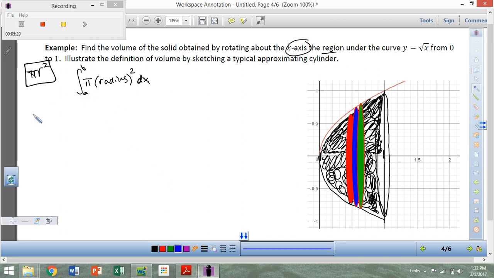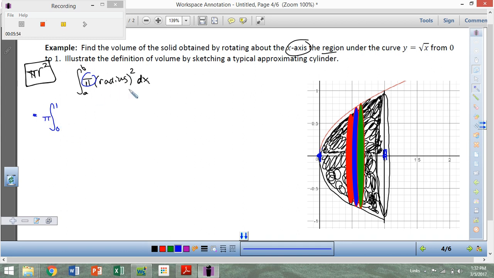In this case, I'm going to do the integral from 0 to 1. And how do I get 0 to 1? Well, when I start slicing these things vertically, my first circle is going to be at 0, and my last circle is going to be at 1. So I'm going to have all those circles stacked up from 0 to 1. I'm going to factor the pi out front so I can deal with it at the end.